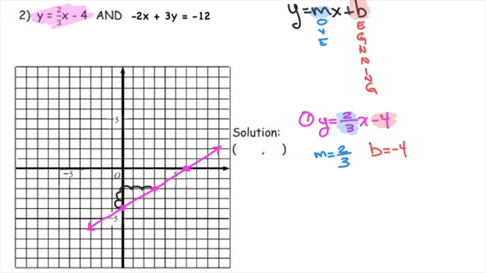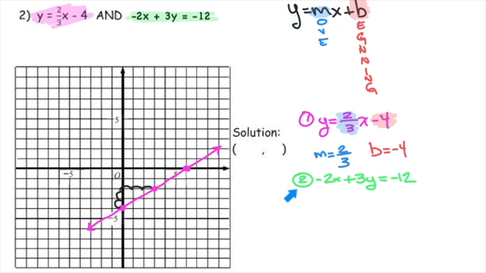And now we move on to our second one. Our second graph is going to be negative 2x plus 3y equals negative 12. And as we try to do this, right away we should notice that this equation, negative 2x plus 3y equals negative 12, does not fit the model y equals mx plus b.